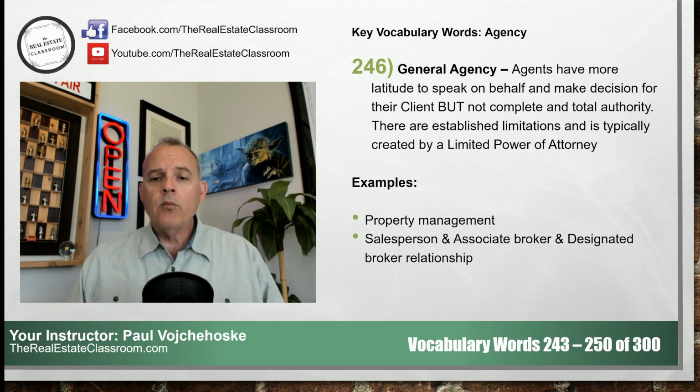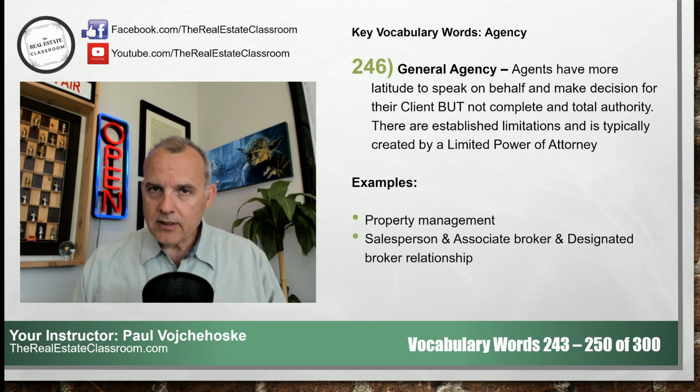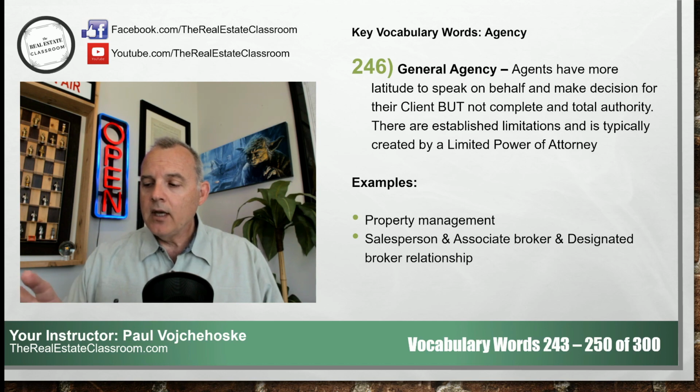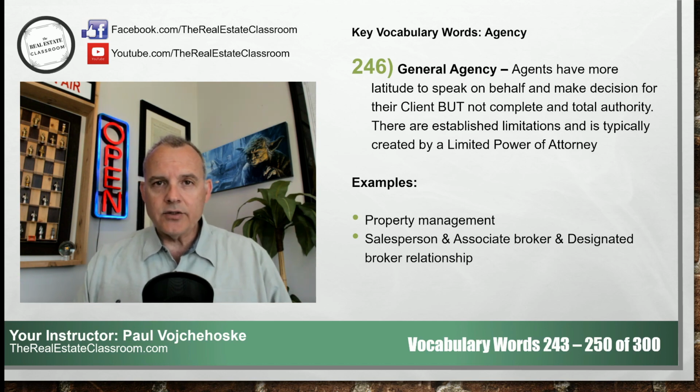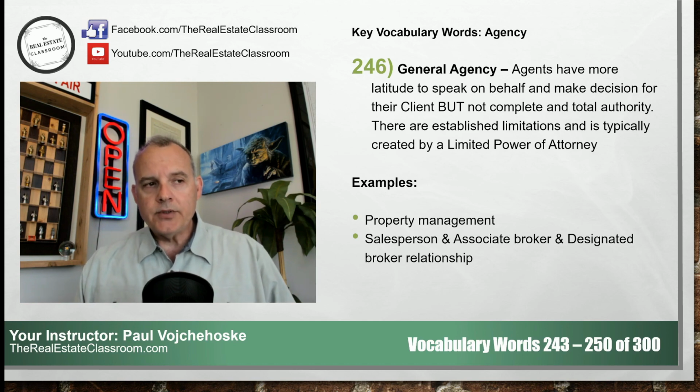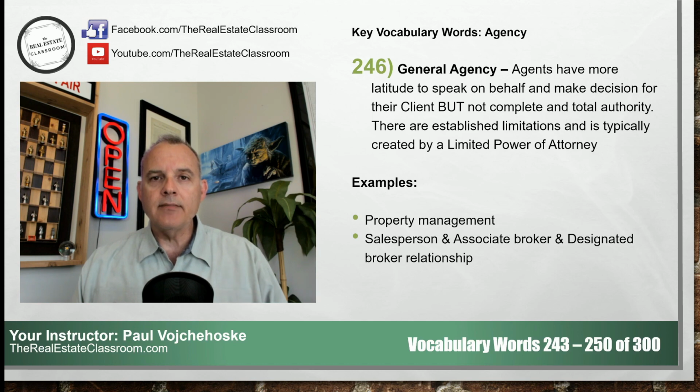Where we see it in the salesperson or associate broker in the designated broker relationship is, let's use the listing contract. The listing contract, you have to know this for your real estate exam, is between the broker, the designated broker, and the seller. However, it is that salesperson or that associate broker that's going out and securing that listing contract by signing it.